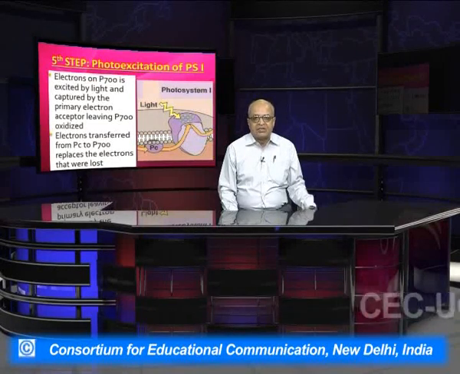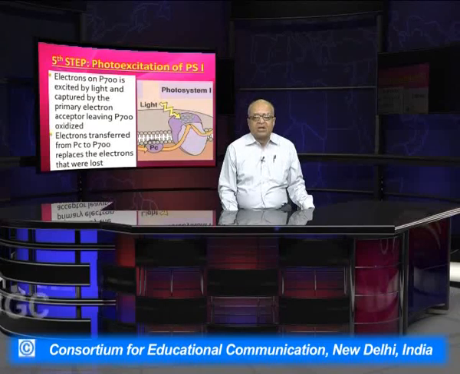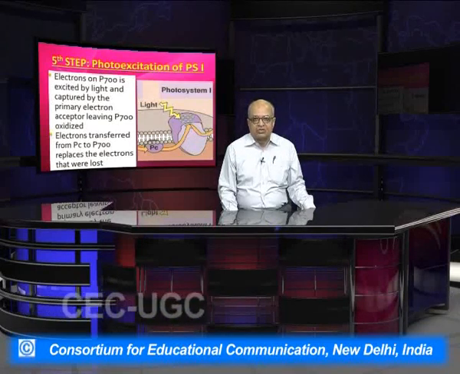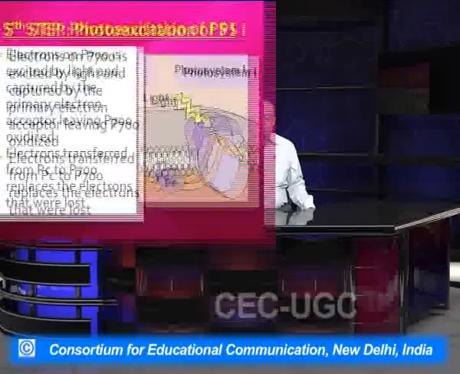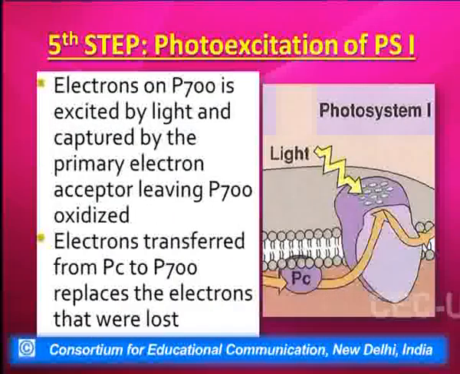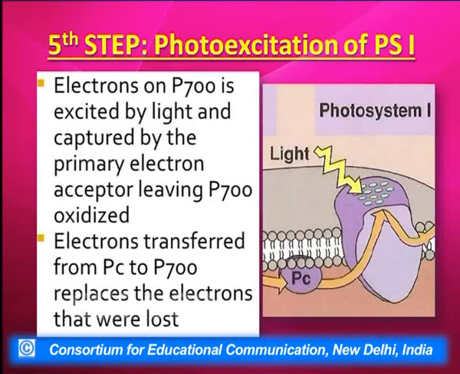Once it gets excited, it loses its electrons, and once it loses its electrons, then they are immediately compensated by the electrons which have come by the splitting of water ultimately and eventually, and they have now come to the PS1 through plastocyanin. That is why I said a moment ago that plastocyanin seems to be the connecting link between the PS2 and the beginning of PS1.